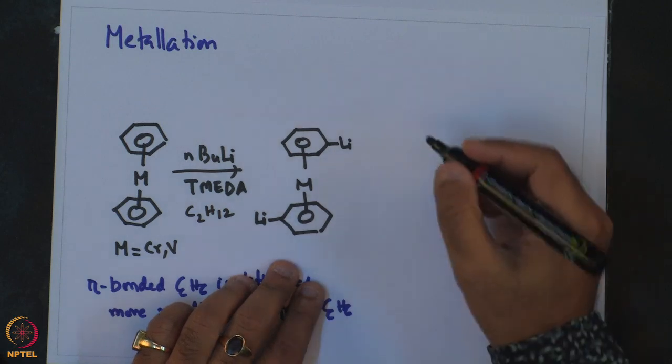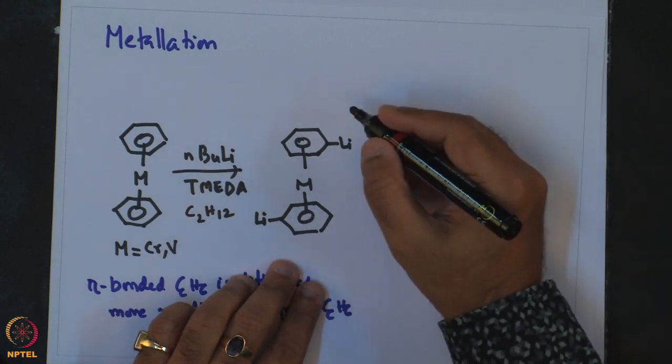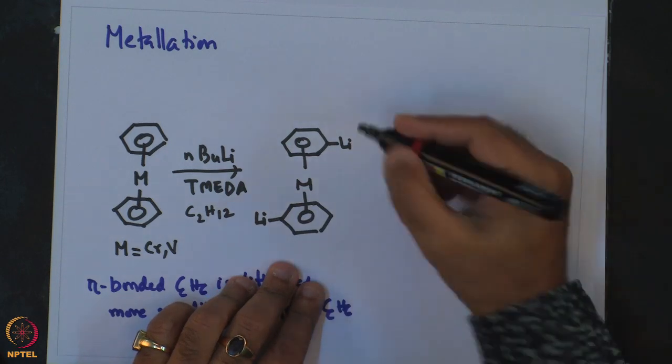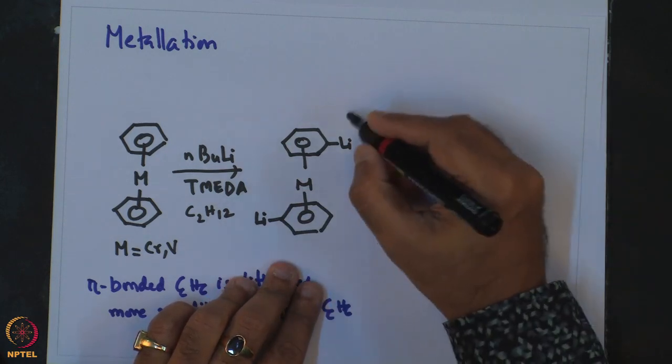Now, this is a useful intermediate which can be converted to many other interesting reagents, leading to substitution on the ring, as is shown over here.